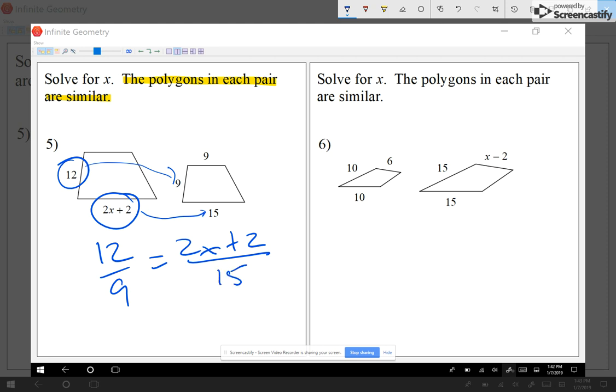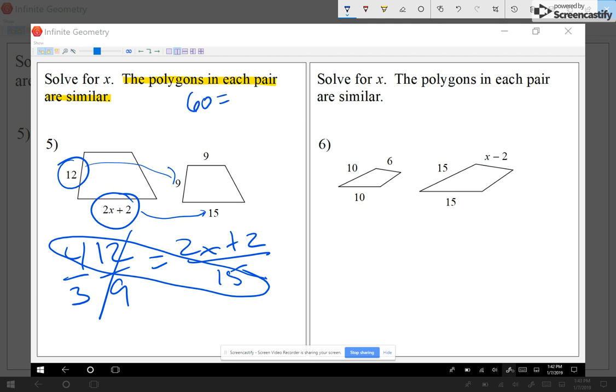On the left, 12 over 9, I'm going to call that 4 over 3, right? I'm going to simplify the fraction just to deal with smaller numbers. When I cross multiplied, 4 times 15, I'm going to write it up here. That's 60. When I cross multiply this other way, the 3 that is by itself, I'm going to multiply to both of these terms. So I'm going to go 3 times 2x and 3 times 2.